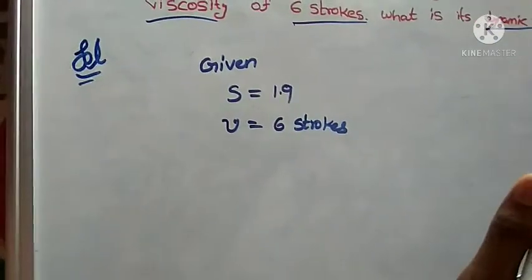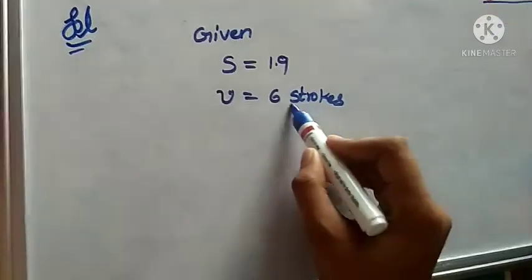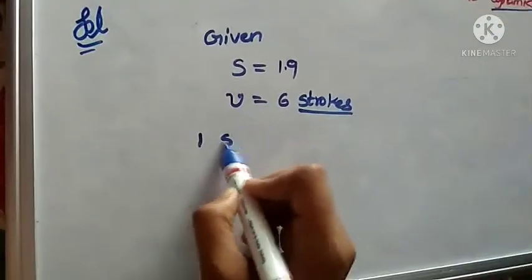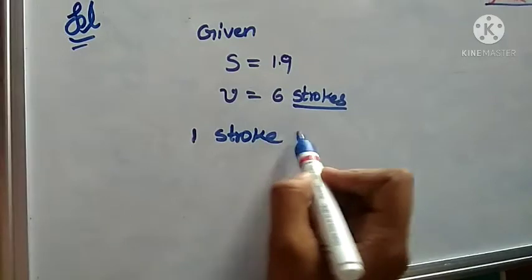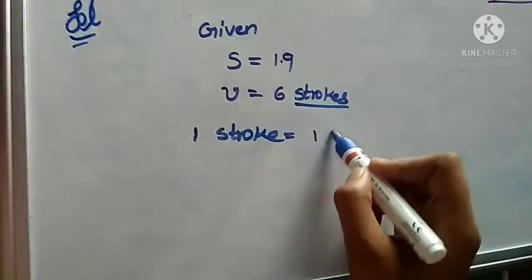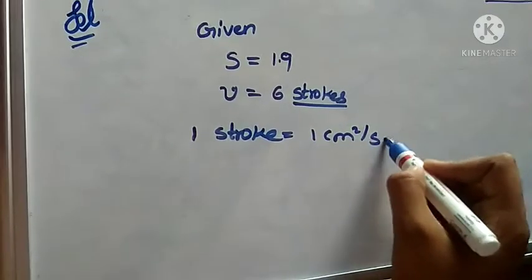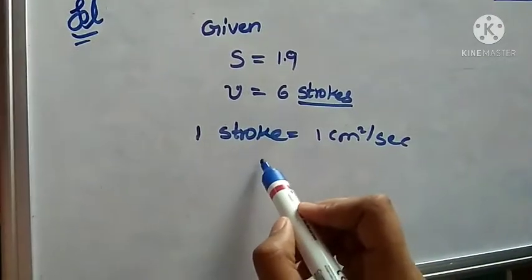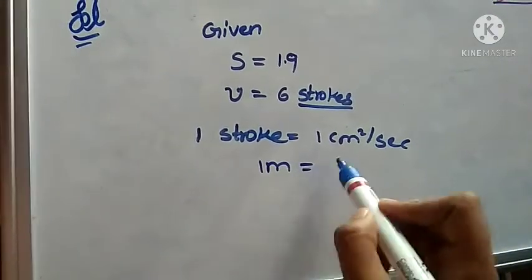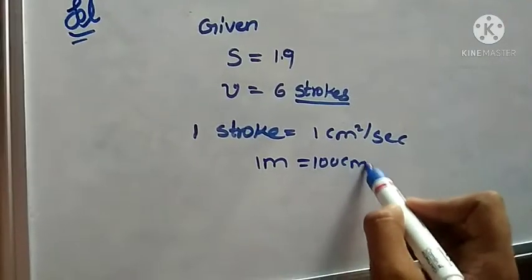Before going to our topic, here 6 stokes, we know that 1 stokes is equal to 1 centimeter square per second. So we know that 1 meter is equal to 100 centimeters.